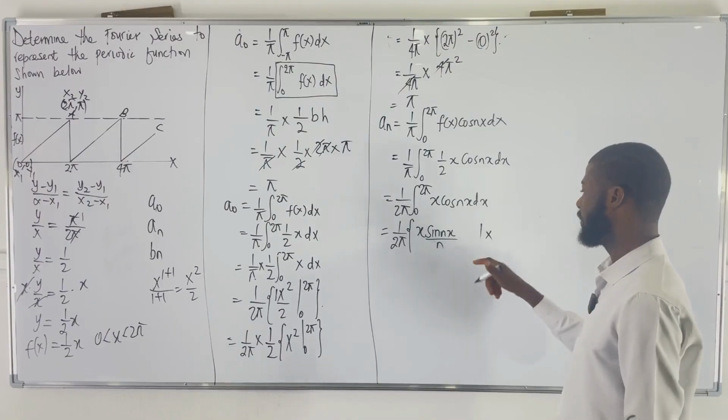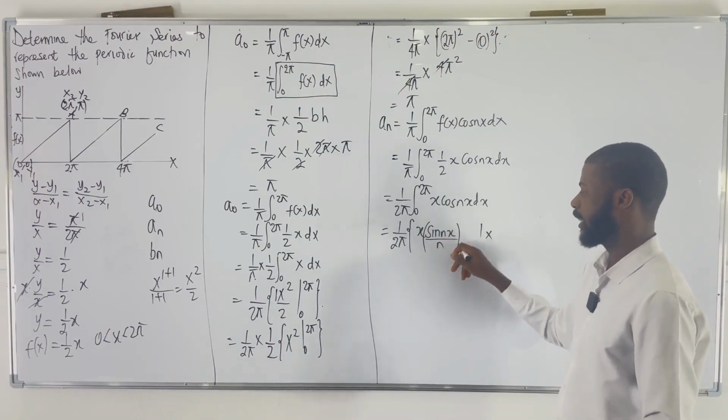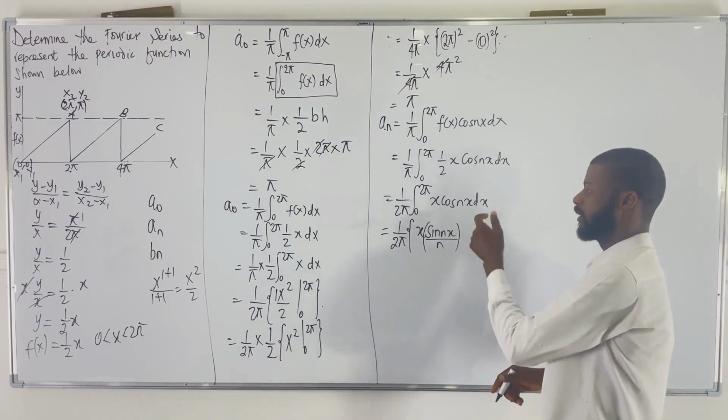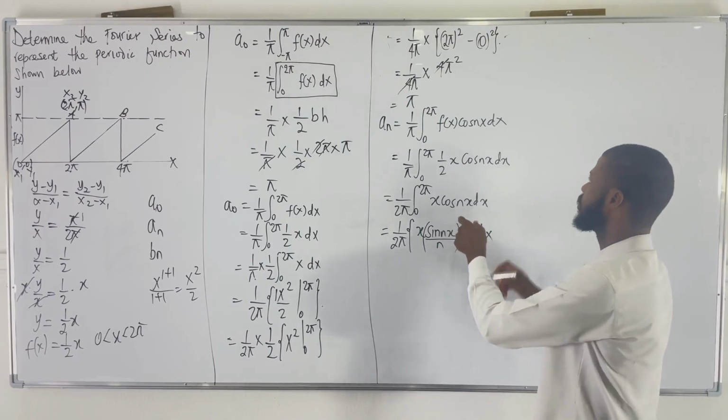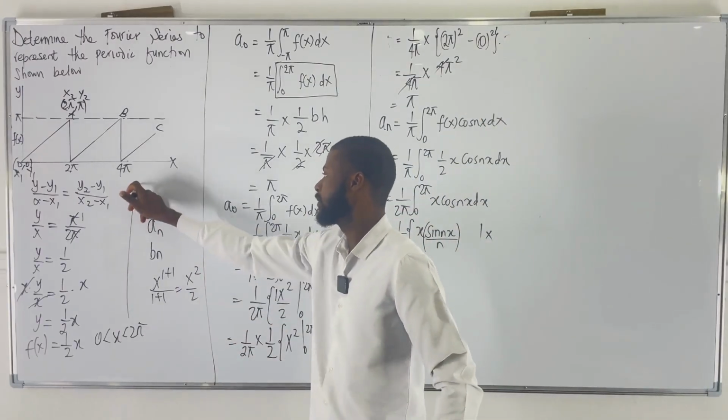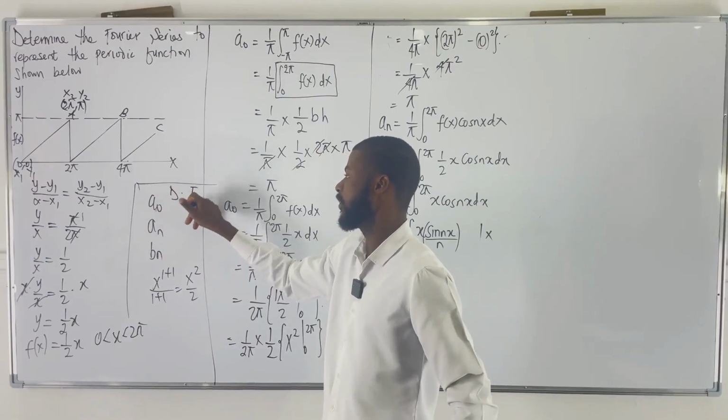Okay, and then times this value you see here, sine nx over n, integrate it again. Remember, I'm following a procedure here. This is normally called the I method.